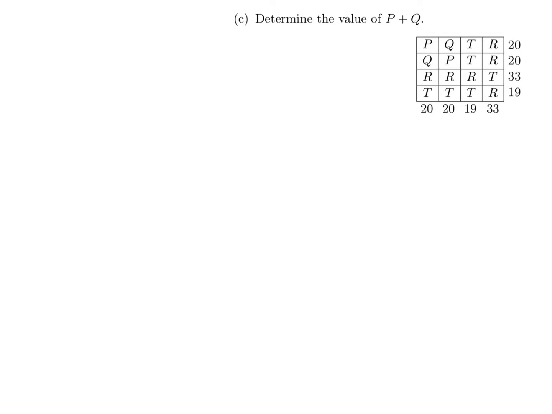Part C, determine the value of p plus q. From the first row, p plus q plus t plus r is 20. And from the third row, 3r plus t is 33. So we can isolate for t, and we get 33 minus 3r.